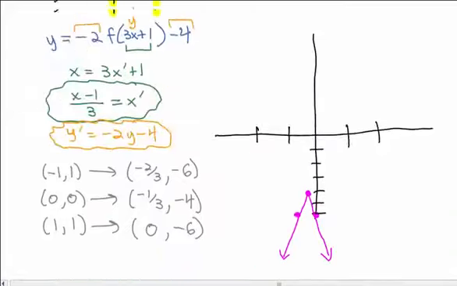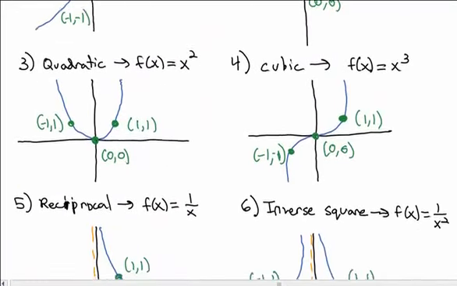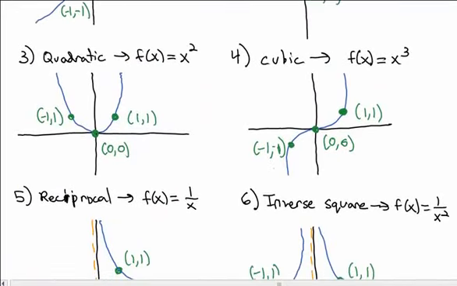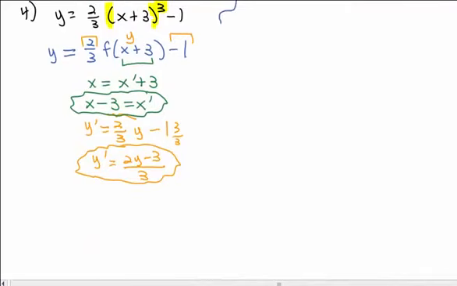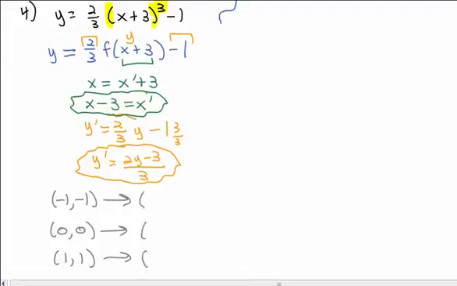On the cubic, our key points, again, you're going to want to have these memorized. Number 4 here, the cubic, the key points are (-1, -1), (0, 0), and (1, 1). The x's are easy to transform. Here we're just subtracting 3. -1 minus 3 is -4. 0 minus 3 is -3.